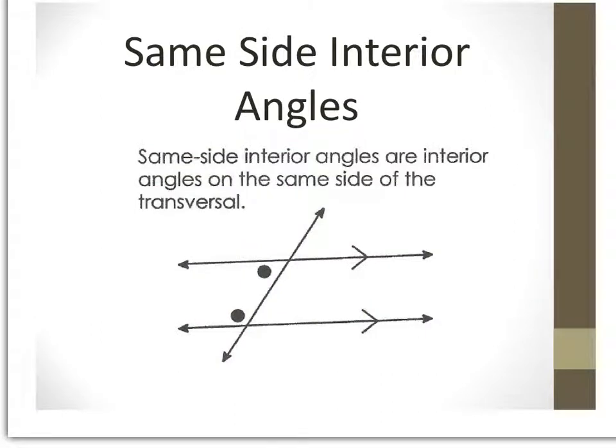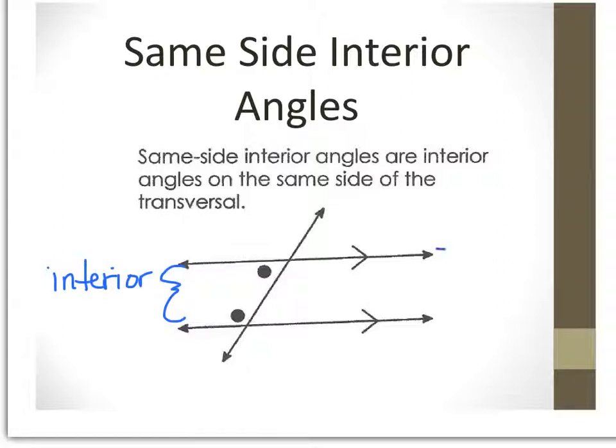So when we are talking about parallel lines that are being cut by a transversal, we have to first talk about what are called same side interior angles. Okay, interior means that they come in between the two parallel lines. This is the interior.